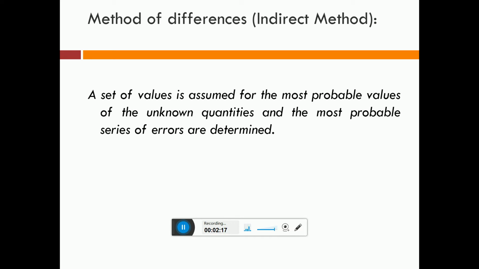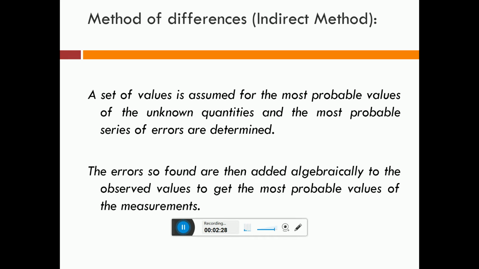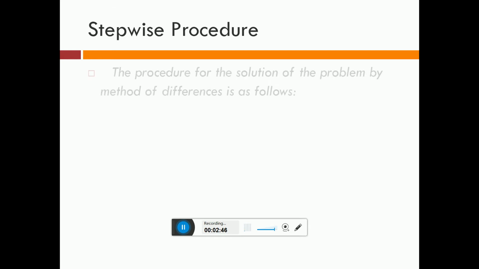Then, after determination of the errors for the respective values, the errors so found are added algebraically to the observed values to get the most probable values of the measurements.